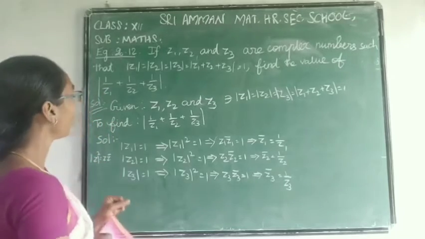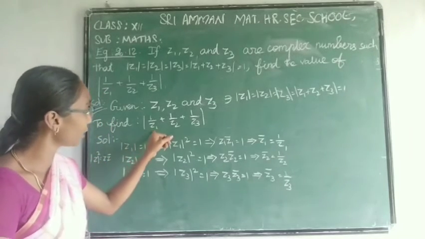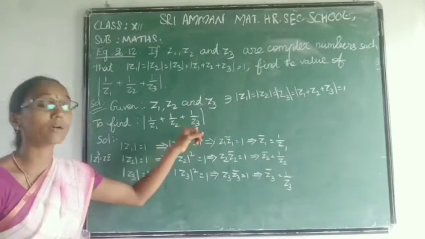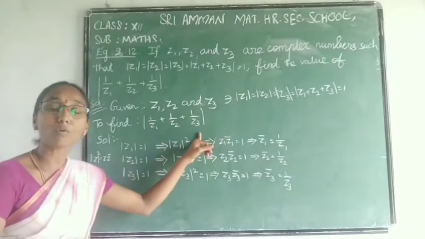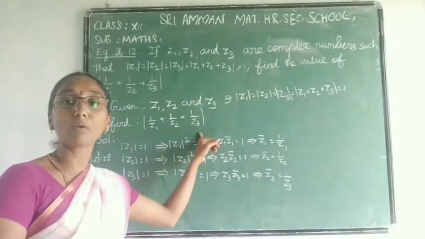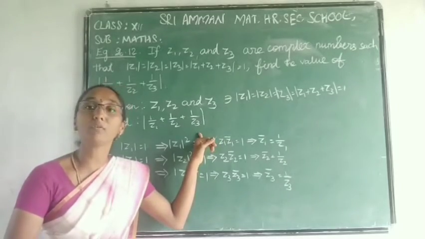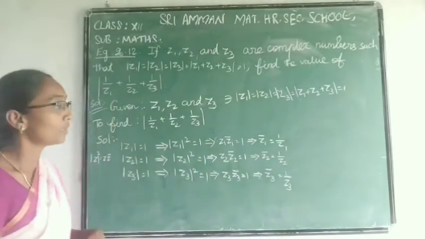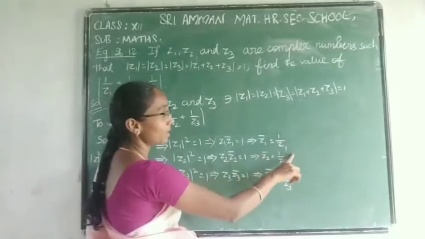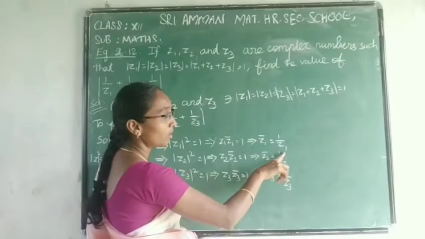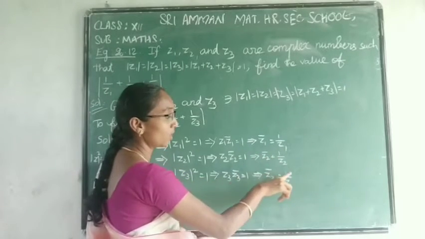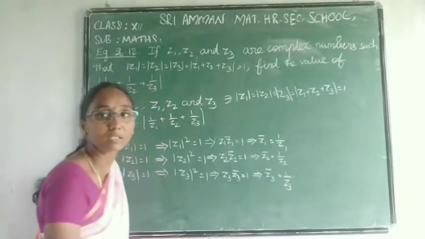What do we want to find out? The modulus of 1 by Z1 plus 1 by Z2 plus 1 by Z3. Only this value we want to find out. We know 1 by Z1 equals Z1 bar, 1 by Z2 equals Z2 bar, 1 by Z3 equals Z3 bar.